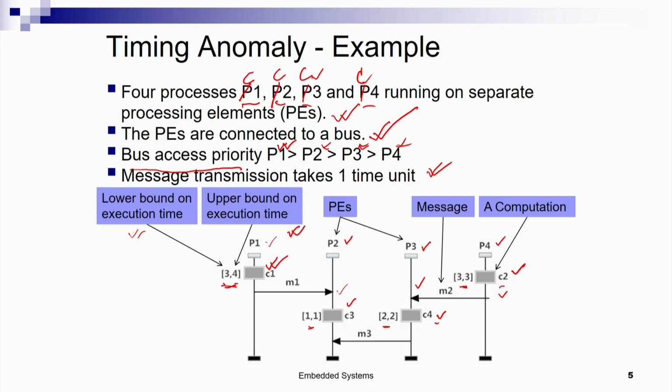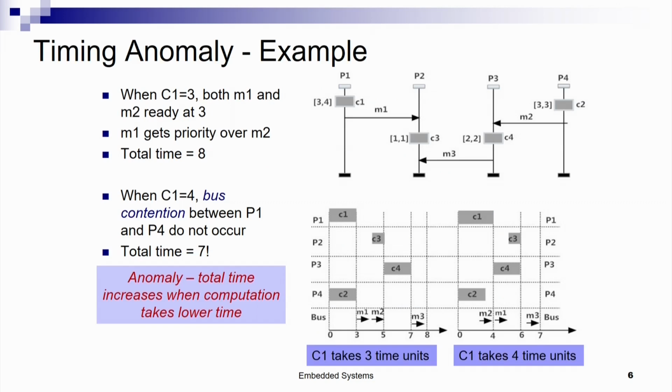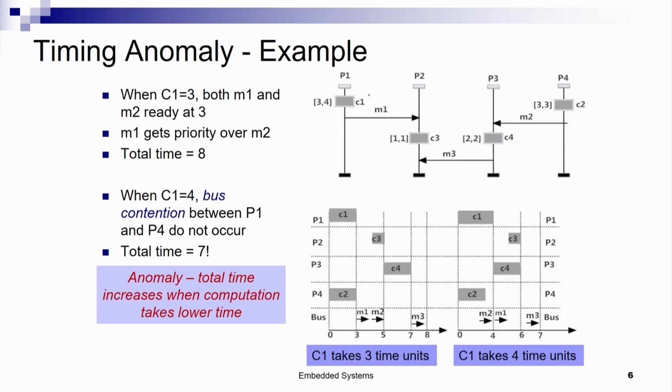After C4 does its execution, it sends message M3 to processing element P2, and then this computation ends. Now, let us consider two cases: one in which C1 takes 3 units of time, and the other in which C1 takes 4 units of time.